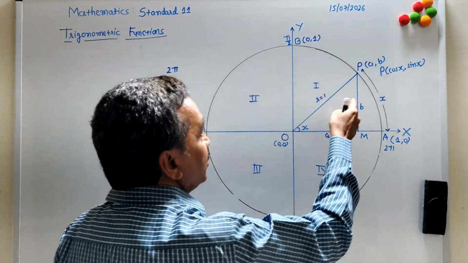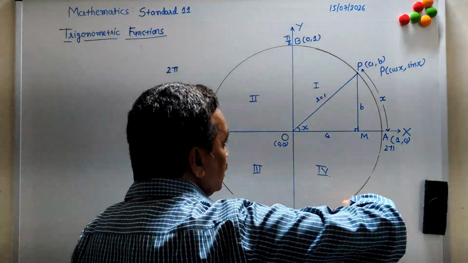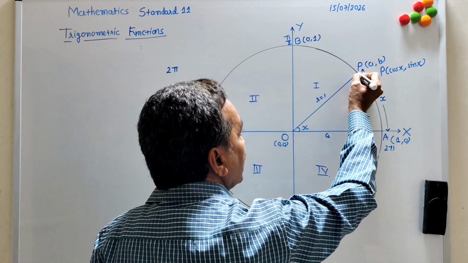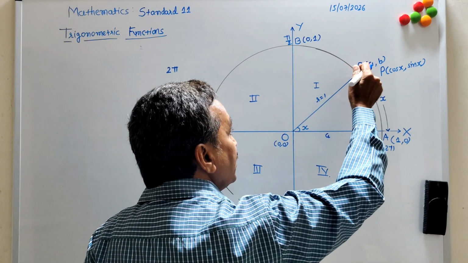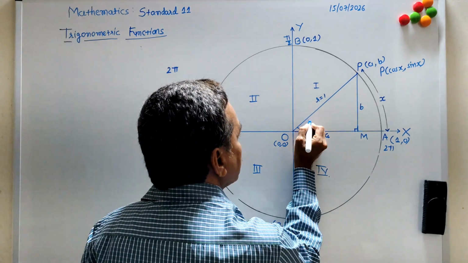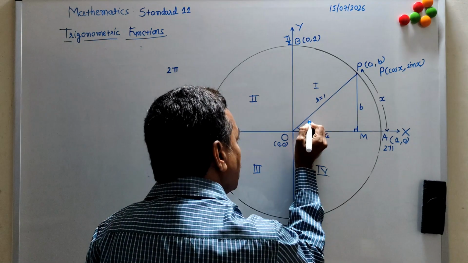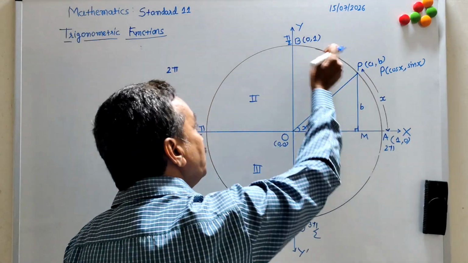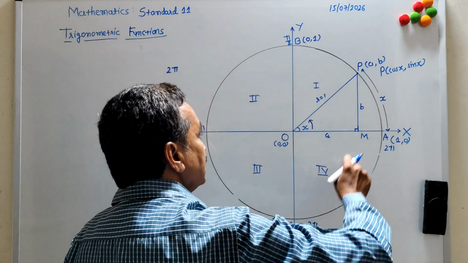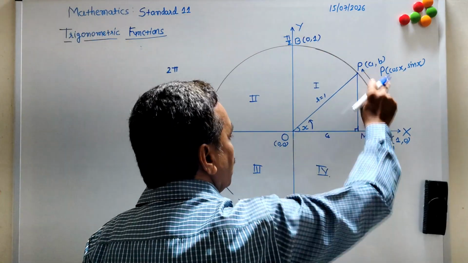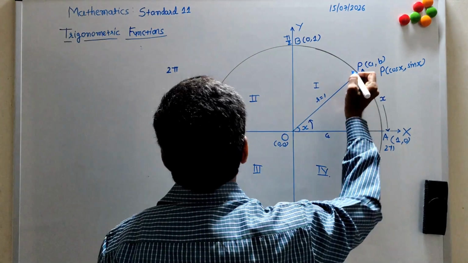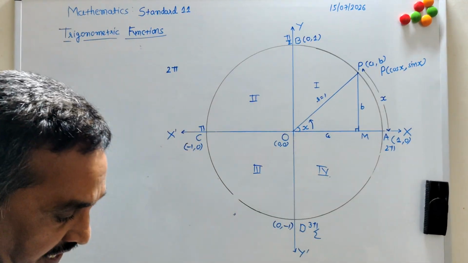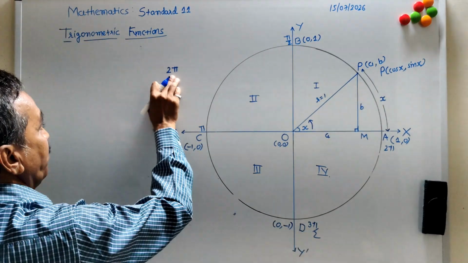When we take one full rotation, we will come again here. We complete one revolution from this side, anti-clockwise or clockwise. We will come back here in any integral multiple of 2 pi.